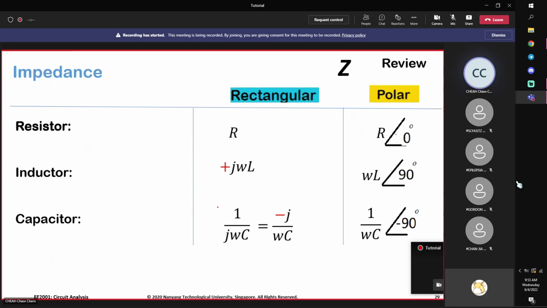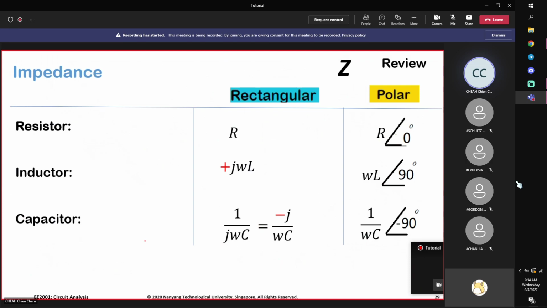So to summarize, there are three types of loads: resistors, with real impedance values; inductors, with positive imaginary values; and capacitors, with negative imaginary values. So this leads to different phase angles between voltage and current when you have a pure resistor, pure inductor, or pure capacitor as load.